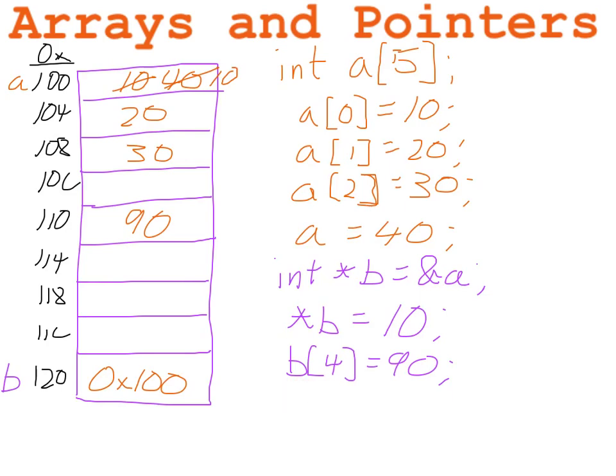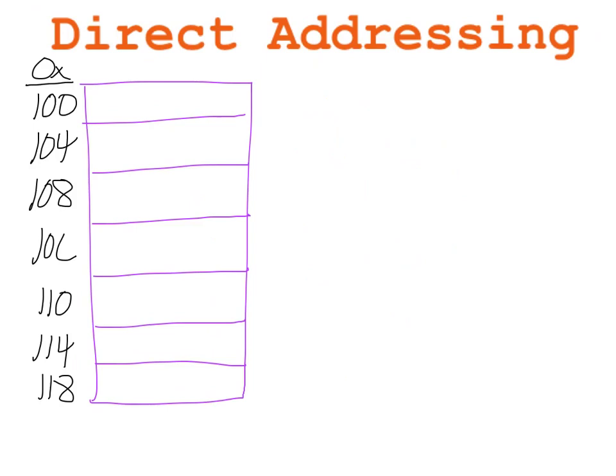So now that you have a basic introduction to arrays and pointers in C, let's carry this concept over to assembly. Let's learn how to use the latter 3 addressing modes in assembly language to work with arrays and pointers. Well, a very observant viewer might note that we just talked about direct addressing right before we started giving a brief introduction to arrays and pointers.